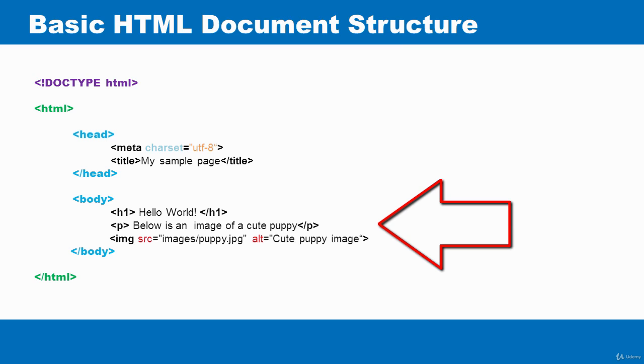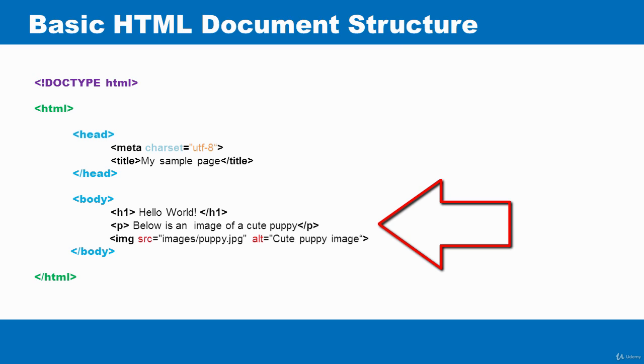In my example here, I've said the image is located in my images folder, and the name of the image is called poppy.jpg. Next, I've got another attribute called alt. This is called the alternate text, and you have to give it a value. I've given it a value of cute poppy image. If for any reason the image that is meant to be on this page does not get displayed, the alternate text will display the text instead.